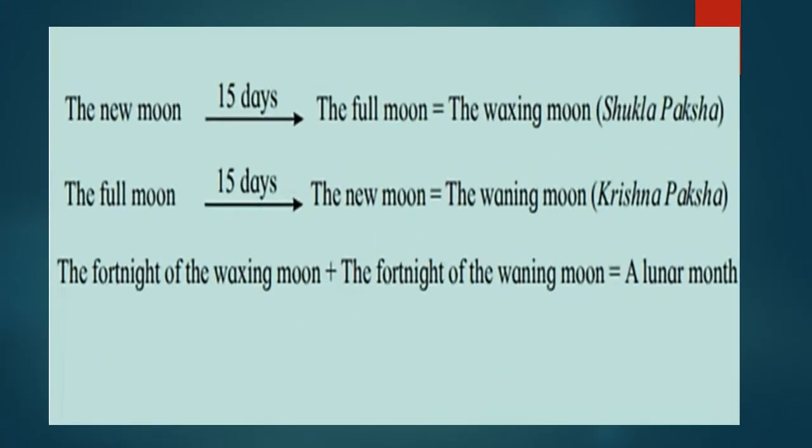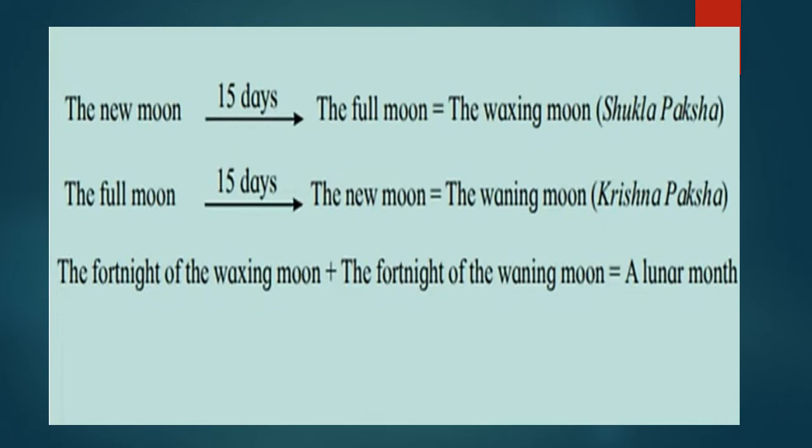See here. From the new moon to the full moon, it takes 15 days. That is the fortnight. So we call it the waxing moon. It can be known as Shukla Paksha. Then from the full moon to the new moon, it again takes 15 days.